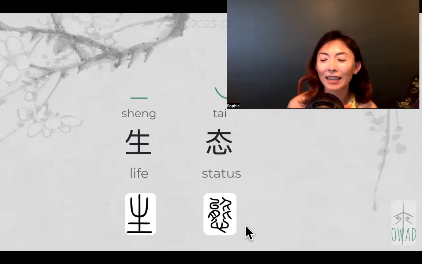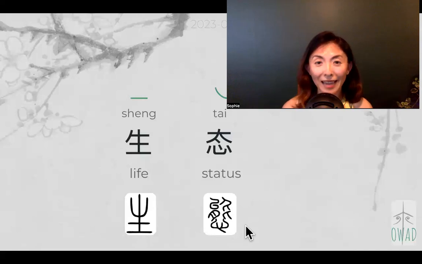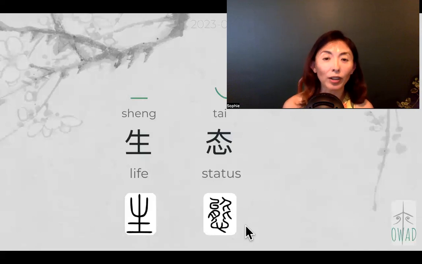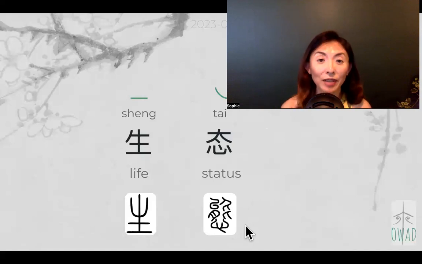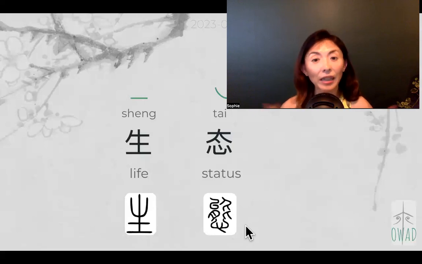So simplified Chinese lowered the entry level bar for language users to pick it up quickly. But the downside is it lost a lot of the cultural heritage in the middle.